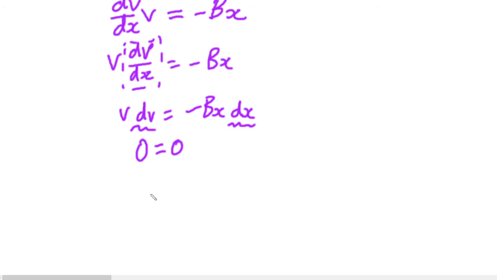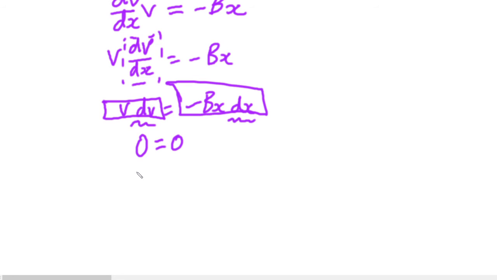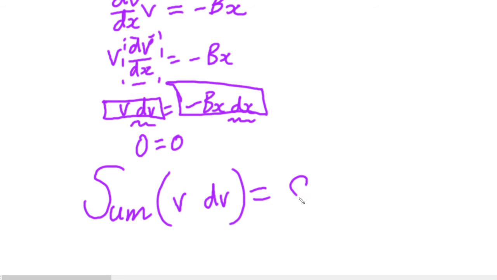So, given that these are both infinitesimal things here, we can make them into reasonably sized numbers that are not 0, through the process of integration, the continuous summing. So the sum of all the v's times the infinitesimal change in v, dv, must be equal to the sum of all the infinitesimal change in x's, dx, times minus bx.